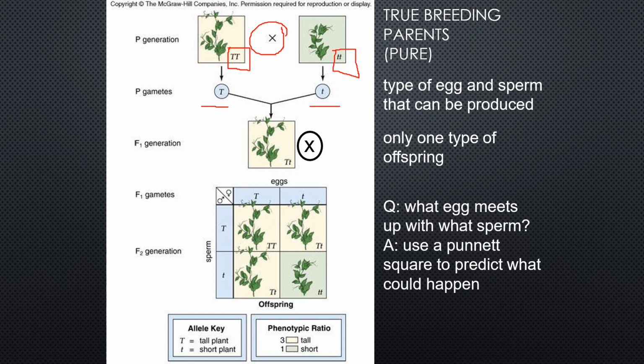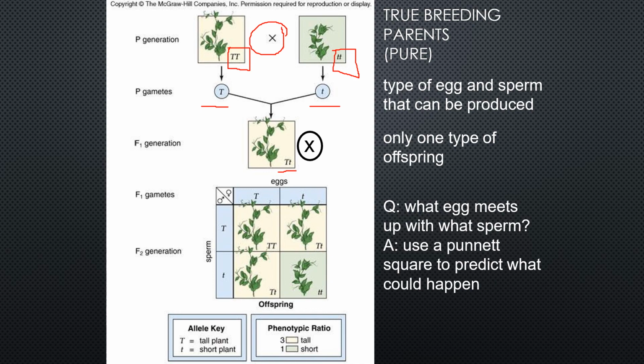And by the way, this was done by hand by Mendel. He collected pollen from one plant and he brushed it on to the style of the other plant. So very tedious work. And so when he did, we wound up with the F1 generation that we talked about, with a heterozygous tall plant.